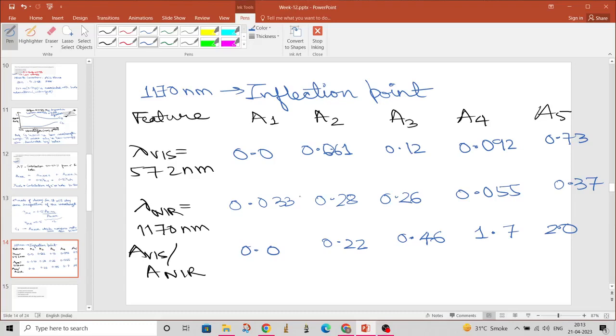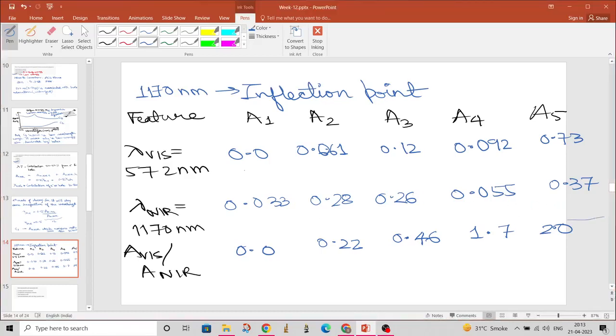So you see at this wavelength, at 1170, there is contribution from both electron and hole.